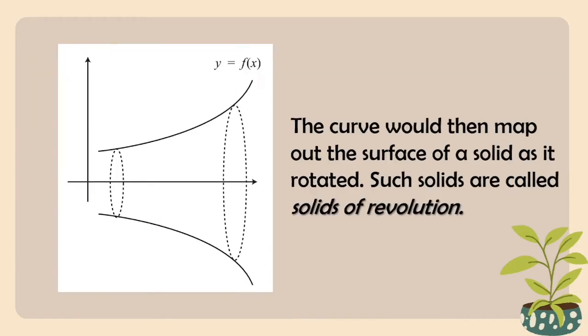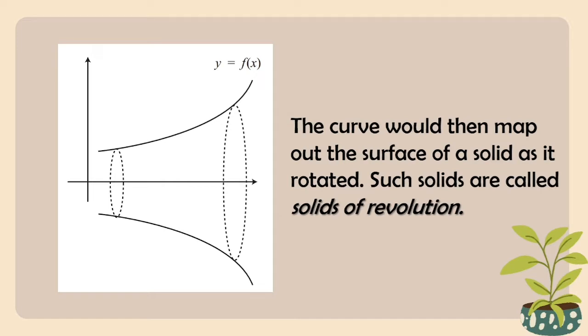Okay, so the curve would then map out the surface of a solid as it rotates, right? If the curve here is rotated around the x-axis, this is the resulting figure. Such solids are called solids of revolution. Thus, if the curve was a circle, we would obtain the surface of a sphere, right?